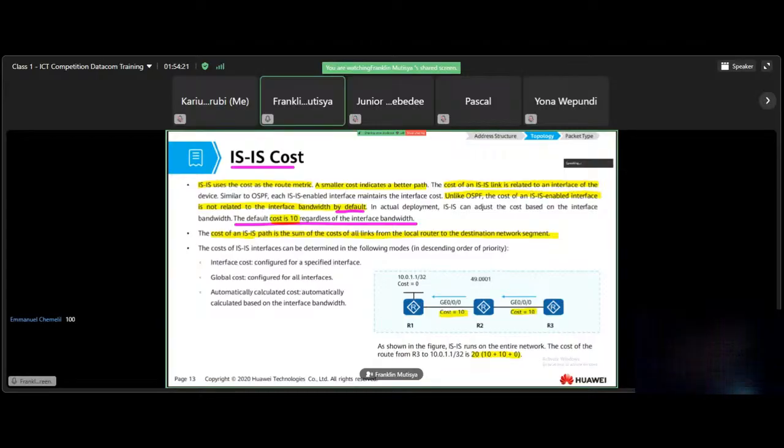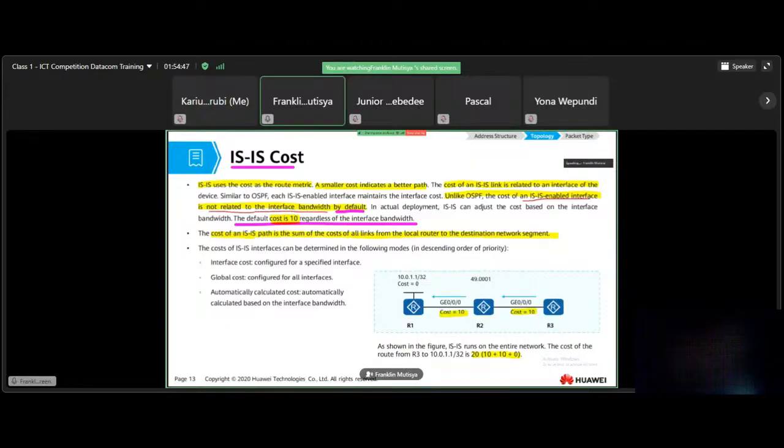Okay, Emmanuel got it. So it's 100 Mbps. It's the default bandwidth reference in OSPF. Now, unlike OSPF, the cost of an ISIS enabled interface is not related to bandwidth by default.